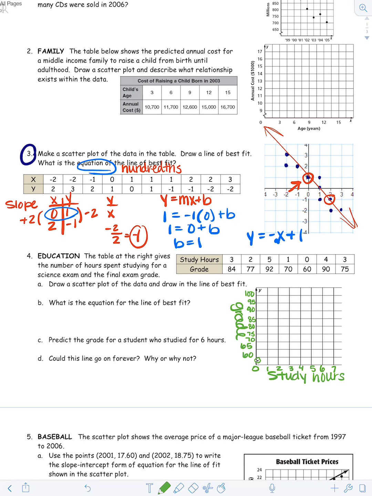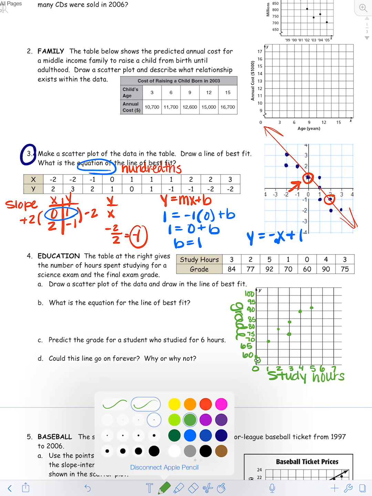So I got (3, 84), (2, 77), (5, 92), (1, 70), (0, 60), (4, 90), (3, 75).